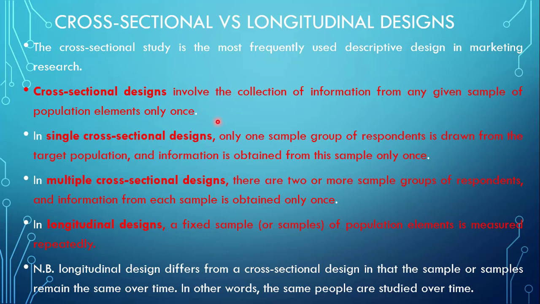I'll come back to the examples, but let's finish the classifications. If you use single cross-sectional designs, it means there will be only one sample group. But if you use a multi cross-sectional design, there will be two or more sample groups, but again the data will be collected only once from those groups.